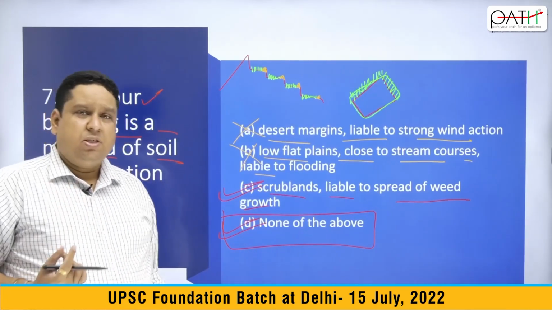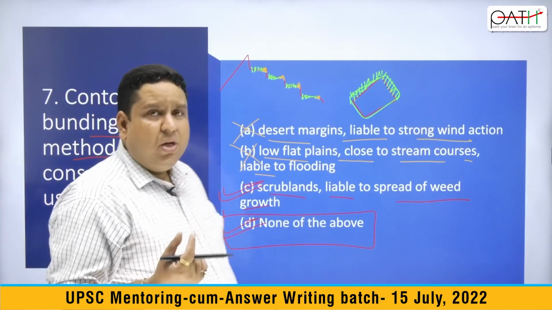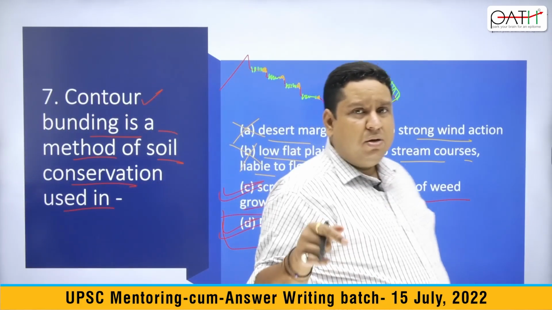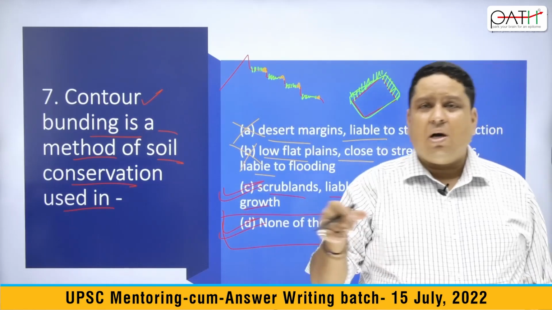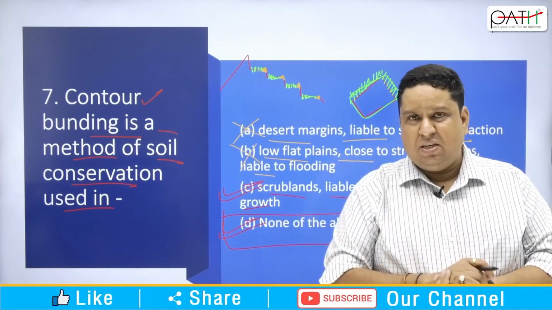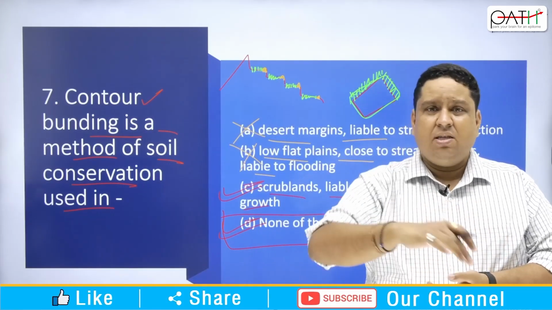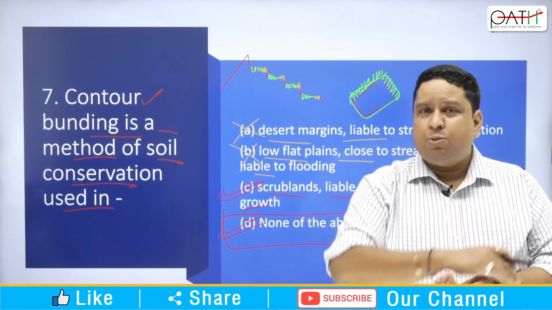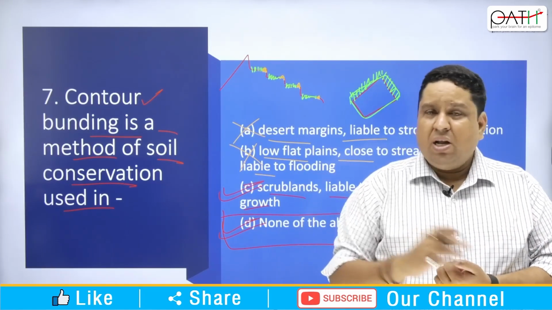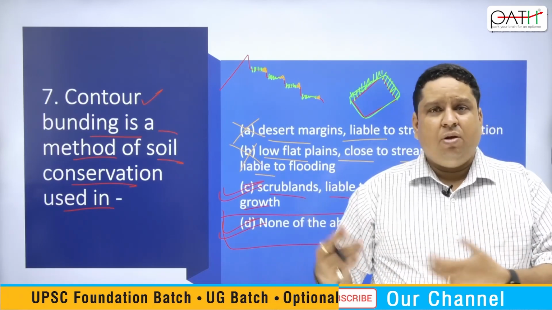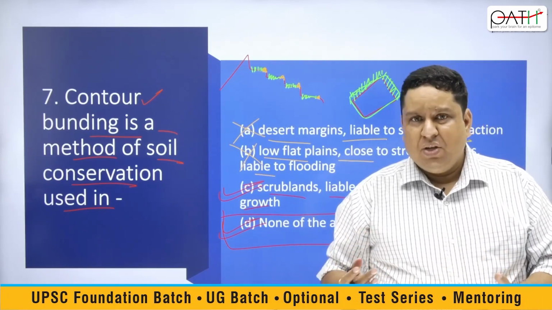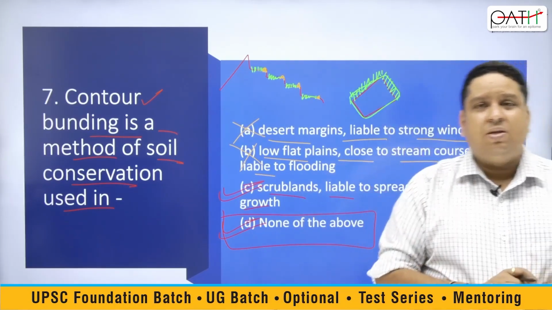Similarly, the mulching process. In the mulching process, they will mix water with cow dung and make a very thick paste. And a layer of this paste will be spread over the field. So the land which is fallow land or open land will not be directly exposed to the sun.